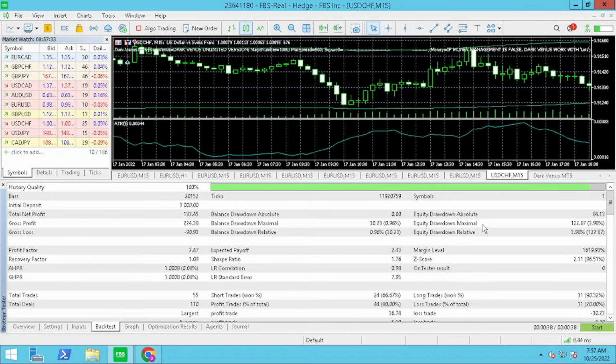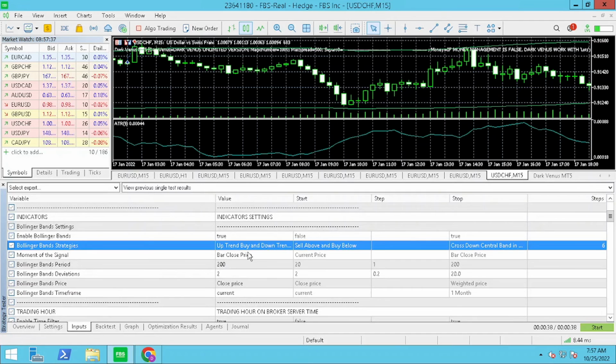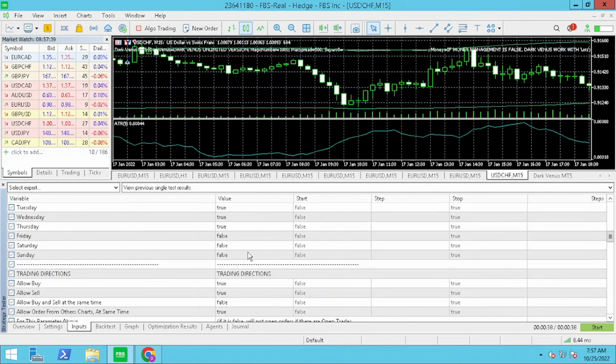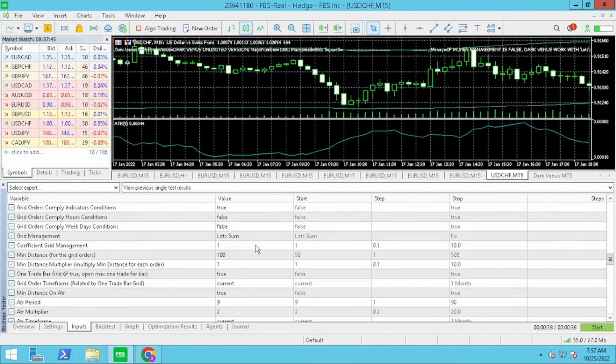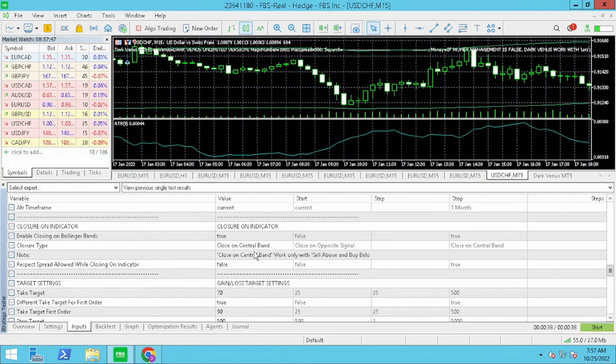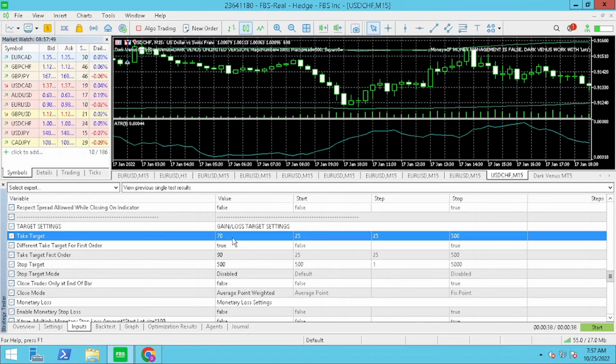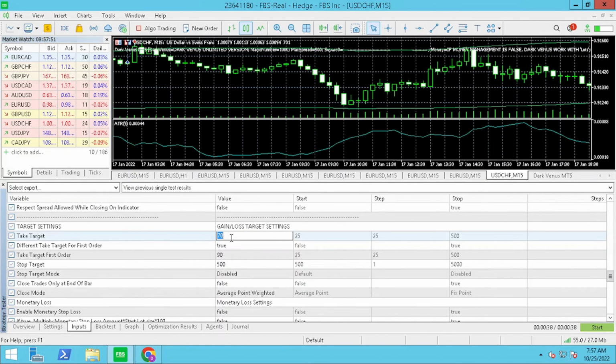If we were to trade the dollar franc, we see $133 total net profit. What we're going to do now is make some small adjustments to the take target and the trading stop to account for the difference in spread.